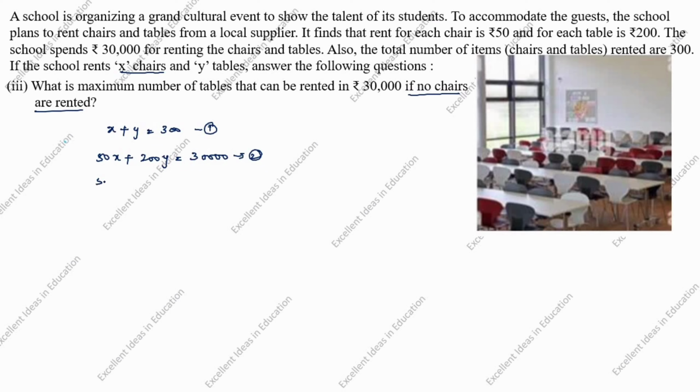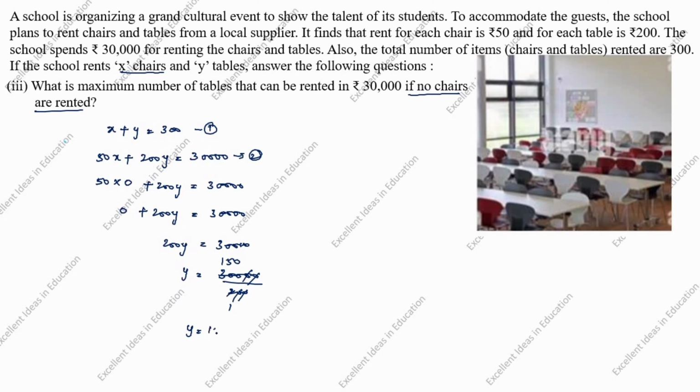So what we will do, 50 into chairs is, we will take it as 0 plus 200y is equal to 30,000. 50 into 0 is 0 plus 200y is equal to 30,000. 200y is equal to 30,000. Y is equal to 30,000 divided by 200. 0 0 cancel, 0 0 cancel, 1 times, here is 150.